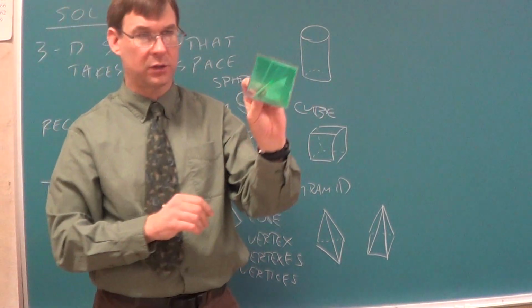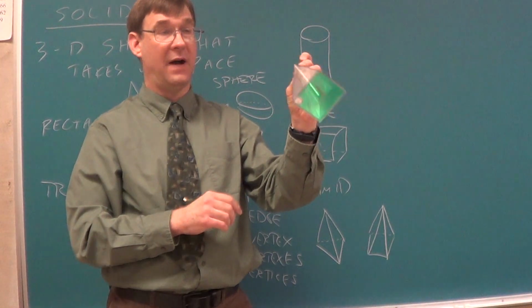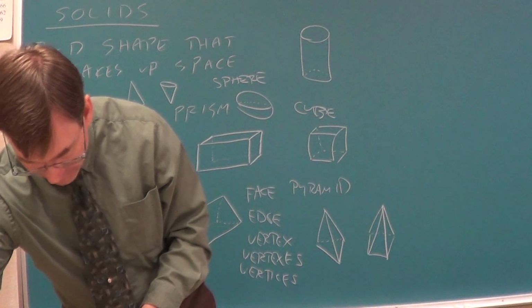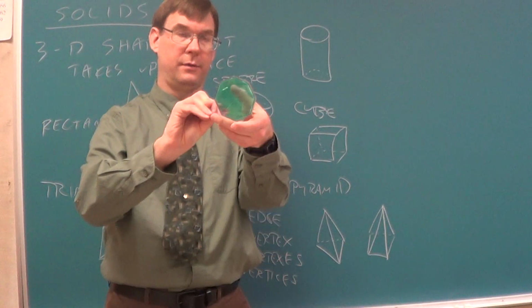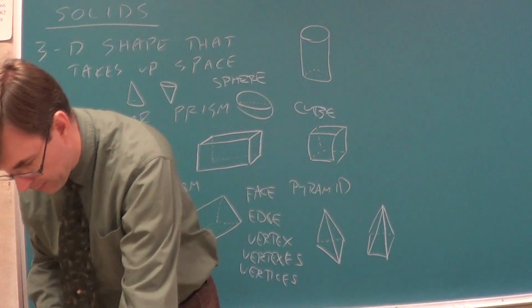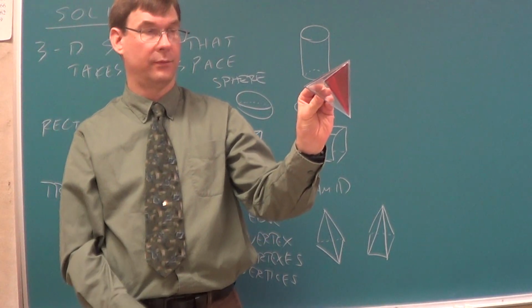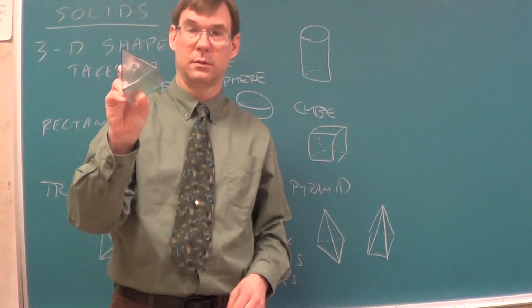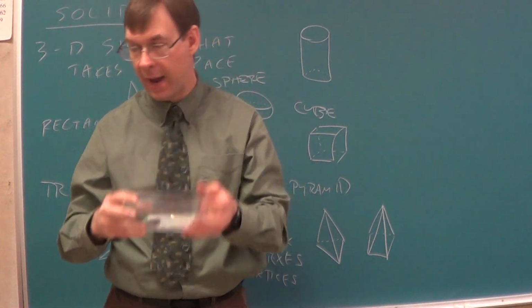How about this one? 5. 4 that are facing you, 1 more in the back makes 5. This one, 9. 8 facing you, 1 in the back. And this one, 6. 3 front, 3 back.